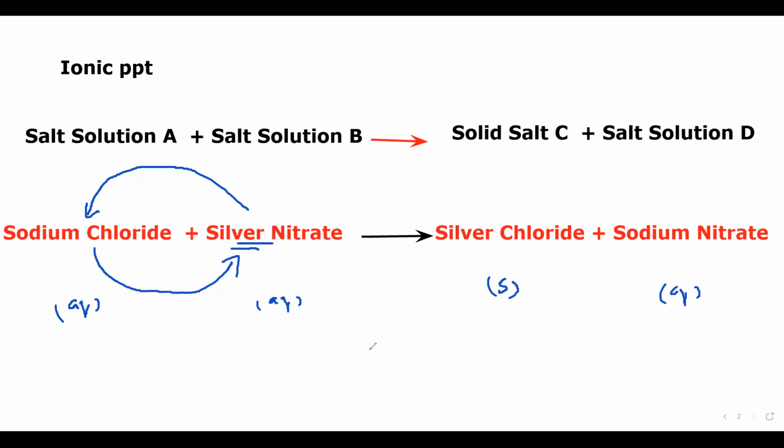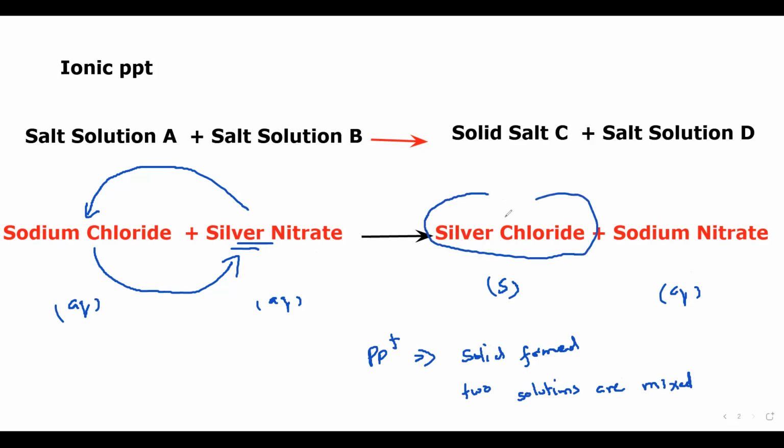So what is a PPT here? What is the precipitate here? Precipitate means it is a solid formed when two solutions are mixed together. So which solid is formed when two solutions are mixed?